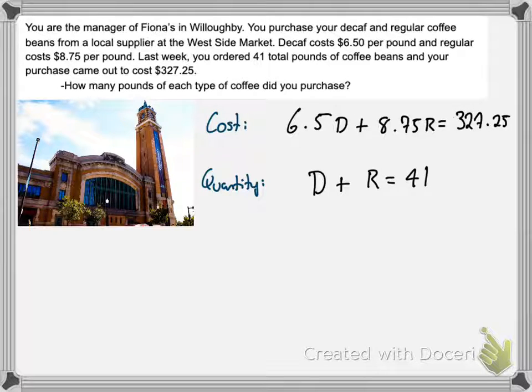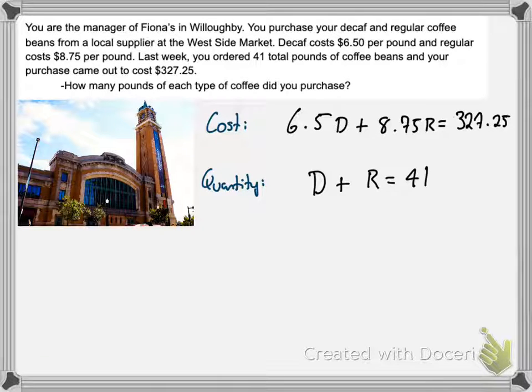Before, in substitution, I got a variable by itself and plugged it back in. But in elimination, I want to manipulate these equations to get something to match up so that I can eliminate a variable entirely. Since the coefficient in front of the D and R in the quantity equation is right now a 1, I can multiply just the bottom equation to get these to match up to the top equation.